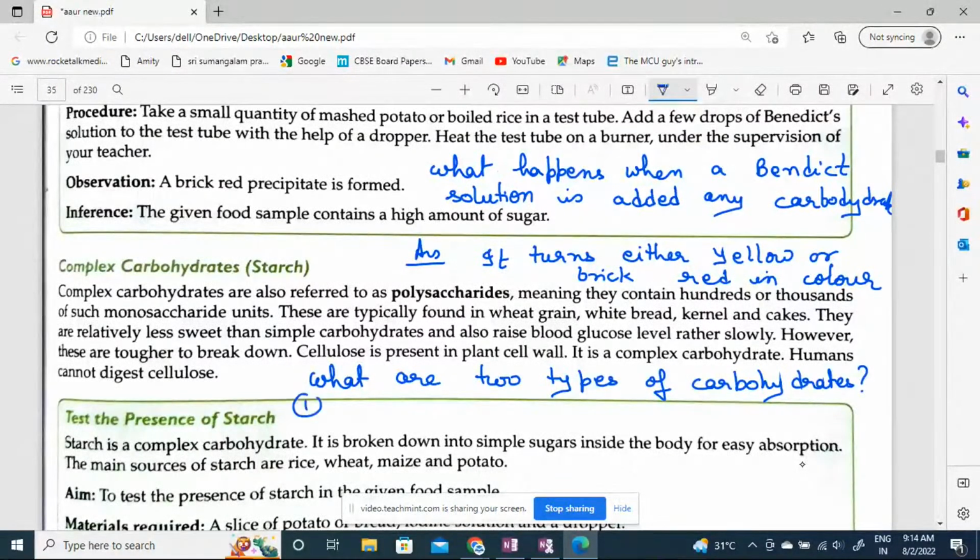Answer: number one, simple. Number two, complex. For the simple carbohydrate, we have the example glucose, and for the complex carbohydrate, we have the example starch.